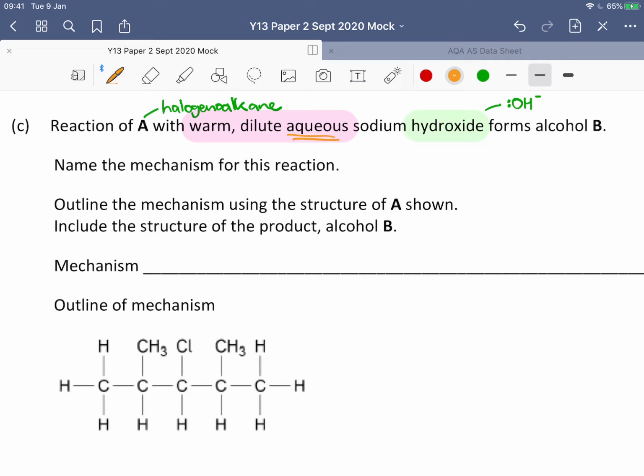So if we just look down to our molecule, they've reproduced molecule A there at the bottom left. If we're turning that into an alcohol, we must be replacing the chlorine. So this is a mechanism you've done so many times, and it is nucleophilic substitution.